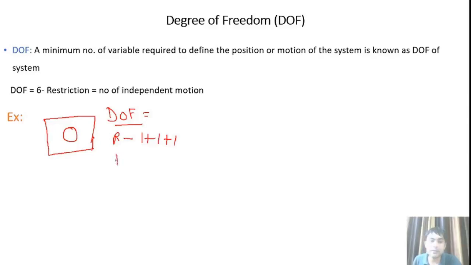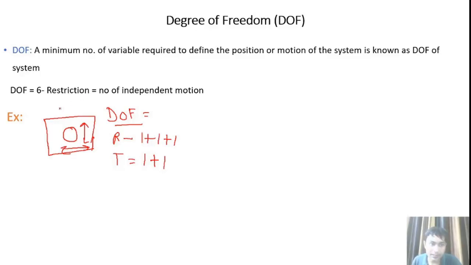Now the translatory motion: it can translate along x-axis, 1 motion, and it can translate along y-axis, no problem. Now can it translate along z-axis?